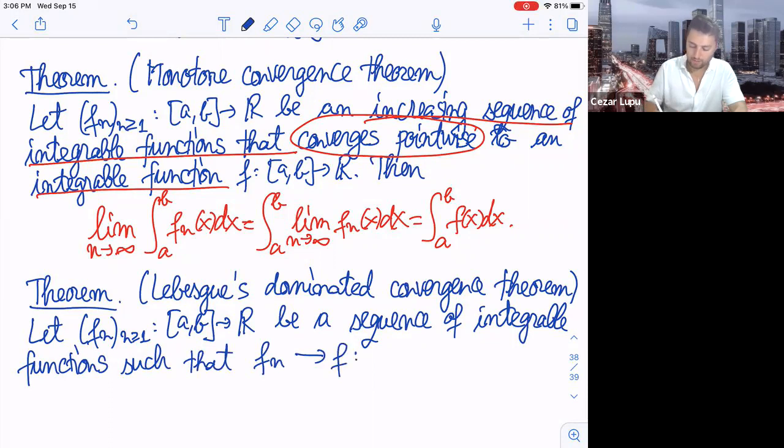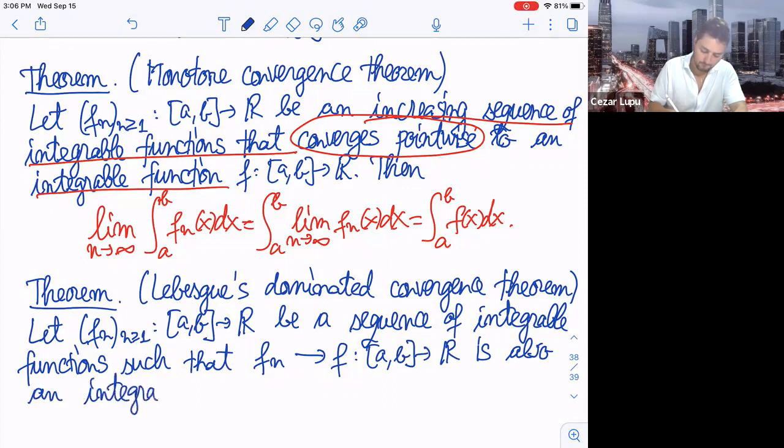And this f is also an integrable function. Now I'm trying to generalize a bit the bounded convergence theorem. So now consider a function g.